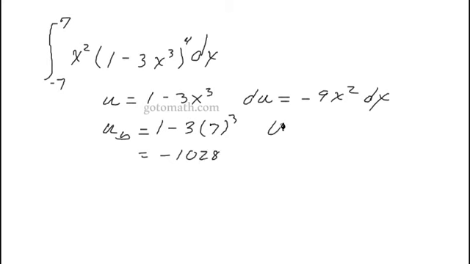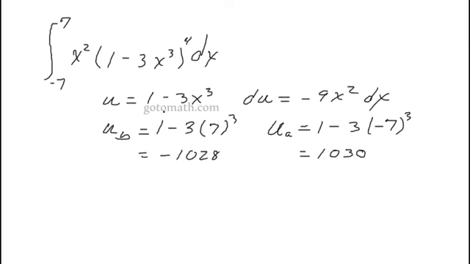And we'll just go ahead and do the lower bound here. So this is 1 minus 3 times -7, and it is cubed, and we get a nice number, 1030.